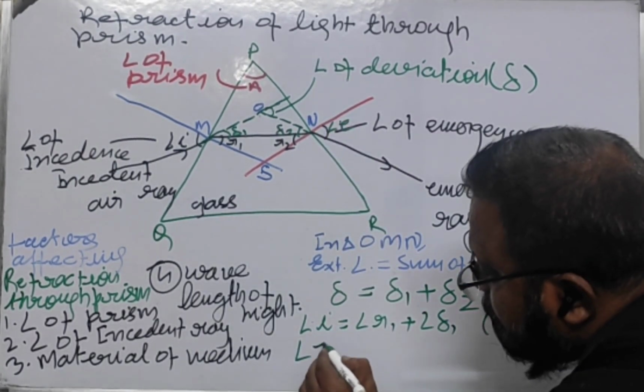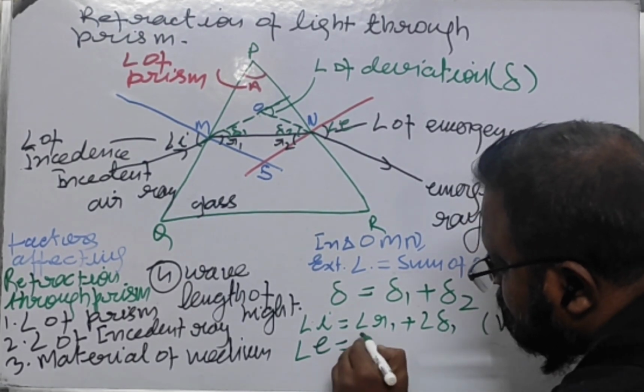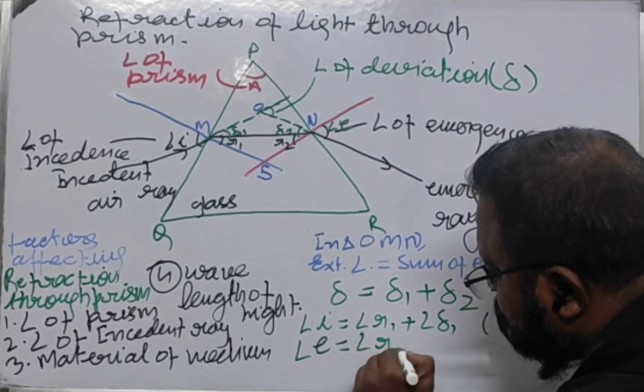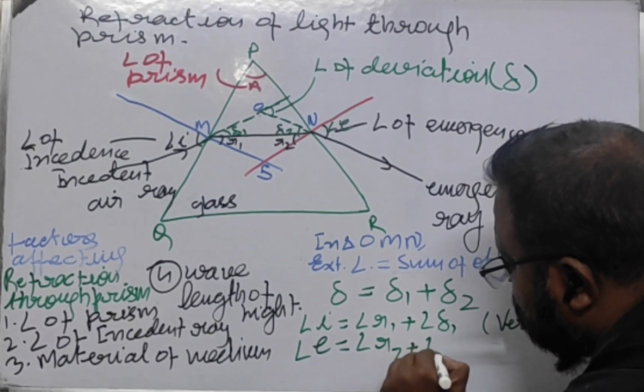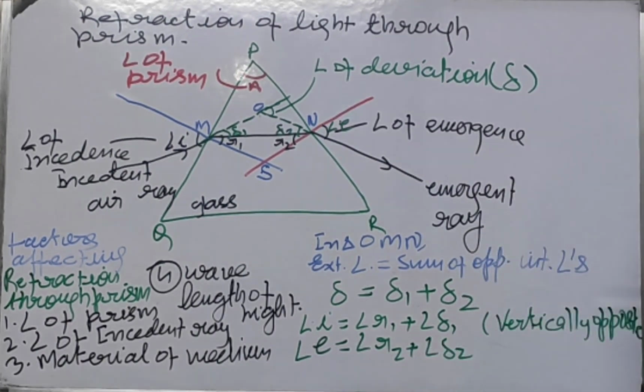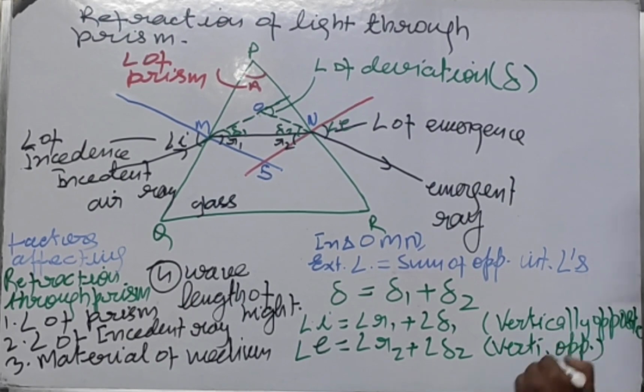So angle E is equal to angle of refraction 2 plus angle of deviation 2, also equal because of vertically opposite angles.